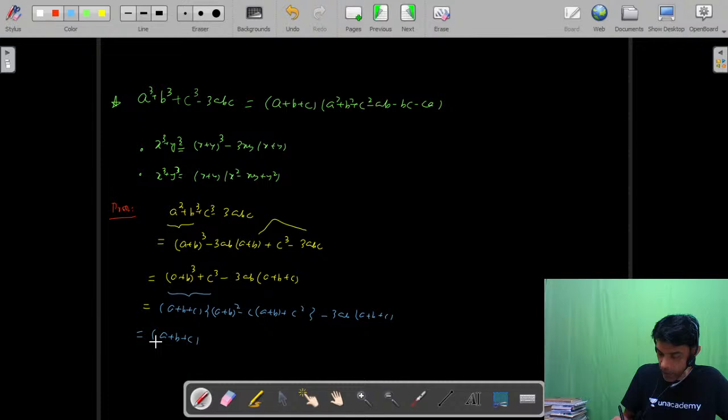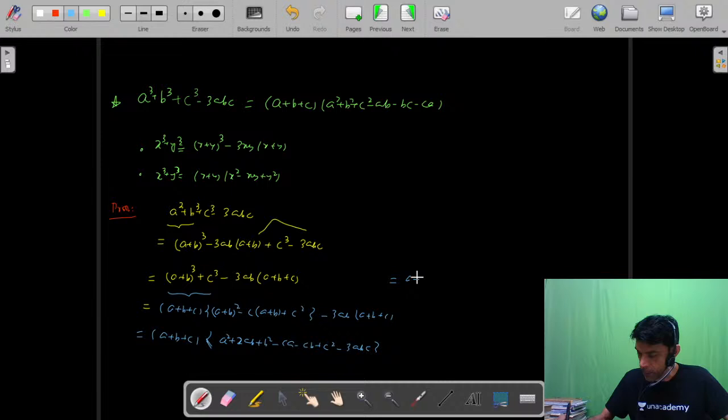I can simplify this a bit, so I will get a squared plus 2ab plus b squared. Does not look symmetric right now, but remember there is another term also, and so you've got negative of 3ab. Now things are in good shape because we ultimately got a plus b plus c times a squared plus b squared plus c squared, negative of ab, negative of bc, negative of ca. So this is the expression that we hoped to factorize. So this is nice one.